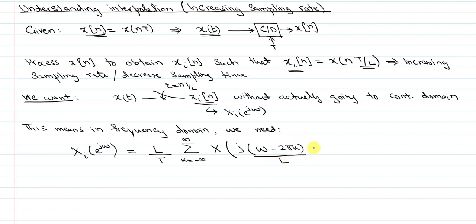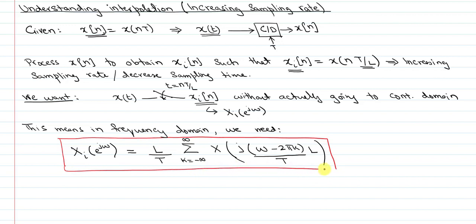So the frequency is scaled, so this will be T times L, and the multiple copies are shifted by multiples of 2πk. So keep this in mind that we are after deriving this relationship. This is what we need. I'll call this the expression star.